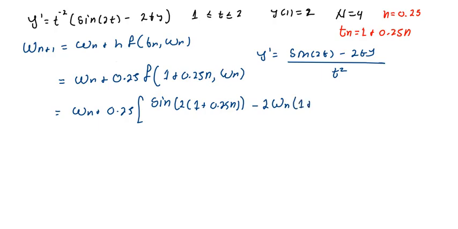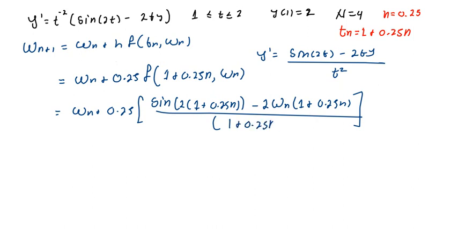Everything is now divided by t squared, which is 1 plus 0.25n squared. That's the expression that I'm going to be using.